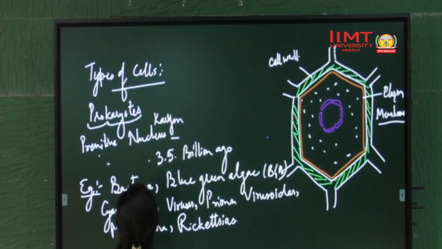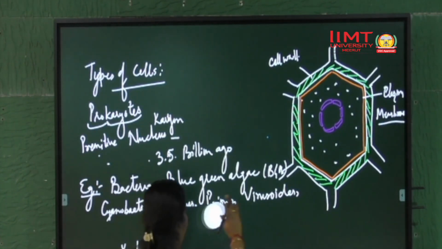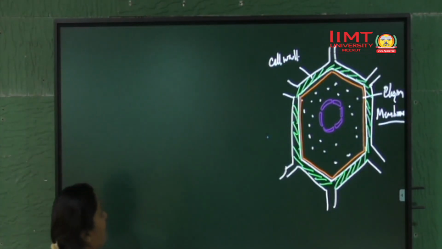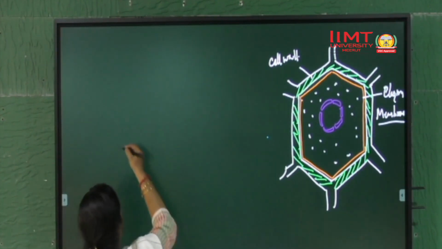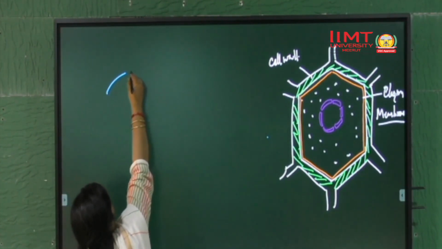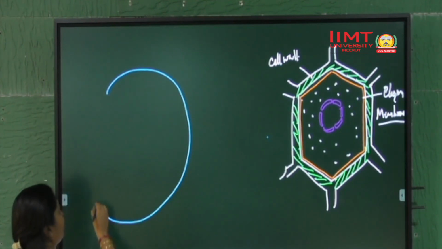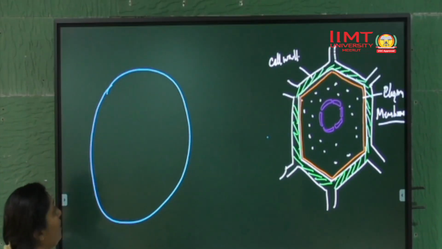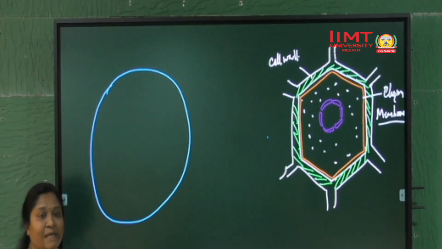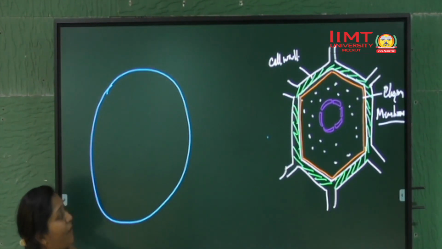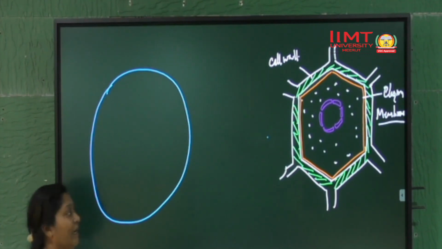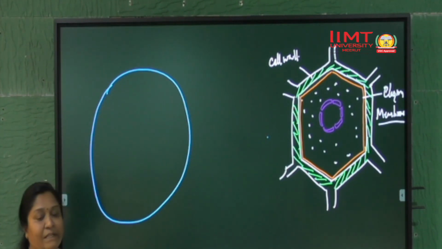Now, we will discuss a little about the prokaryotic cells. Prokaryotic cells have a very simple type of organization. In organisms of higher organization, the biomembranes are made up of lipids and proteins, but in prokaryotic organisms it is variable.